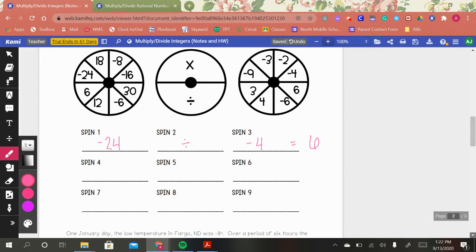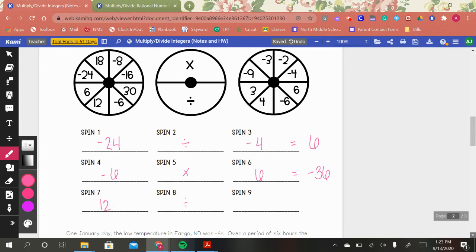Okay, next one, let's do negative 6 multiplied by positive 6. Opposite signs means that my answer is going to be negative, and 6 times 6 is 36. All right, I'm going to take another one from the first spinner. Let's do 12.